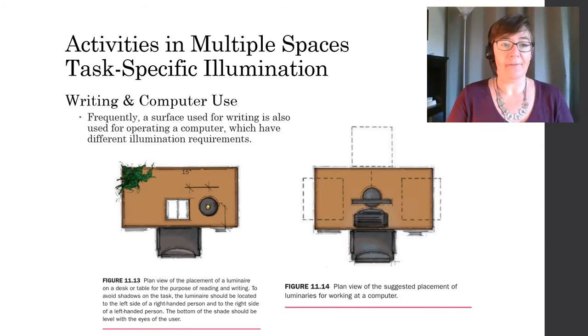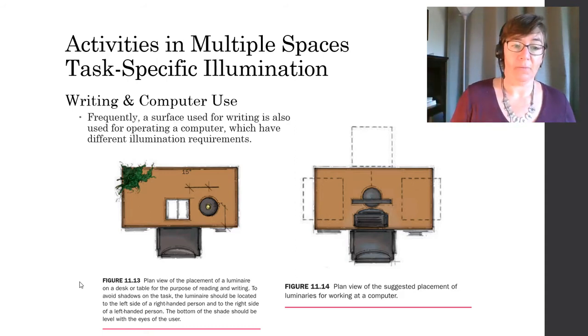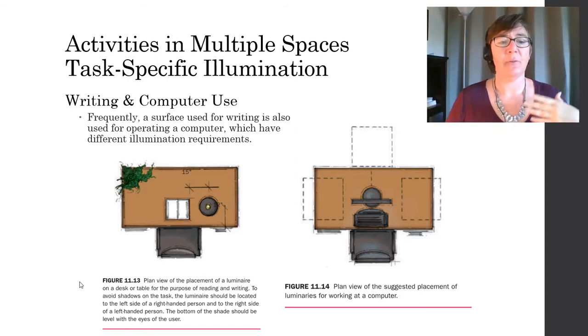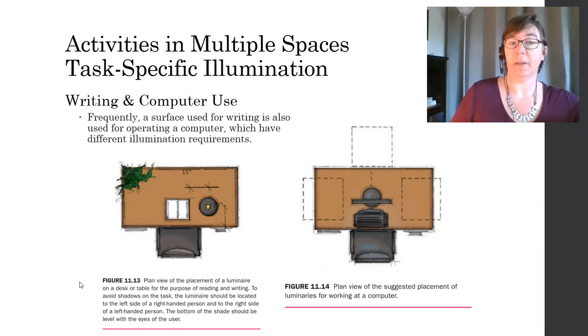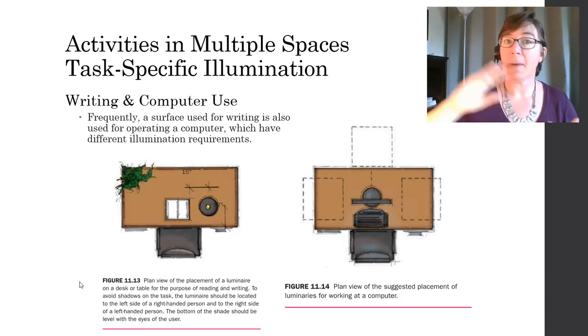So on the left right here, we have a plan view of a luminaire that's appropriate for reading and writing. If you have a right-handed person, the luminaire could be to the left of the person. And if you have a left-handed person, you might put the luminaire to the right.